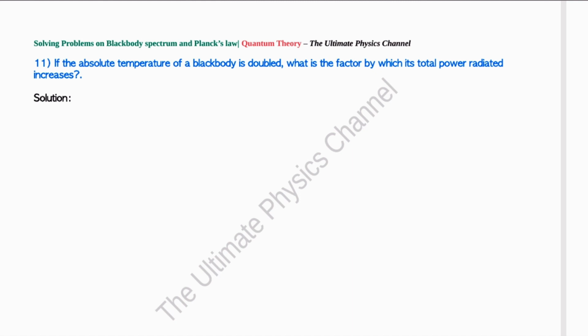Next problem: if the absolute temperature of a black body is doubled, what is the factor by which its total power radiated increases? Let's say for a given temperature, the total power radiated R1 is given by Stefan's law. Now, if the temperature is doubled, the total power changes to R2.